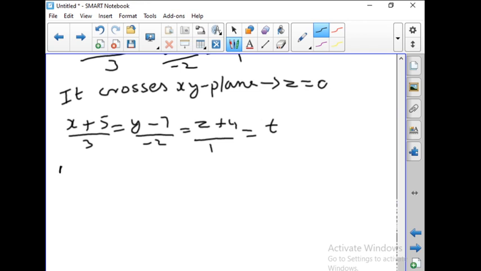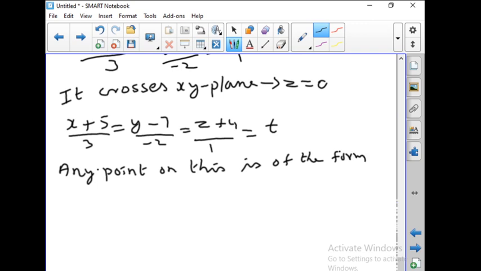So any point on this is of the form (3t minus 5, minus 2t plus 7, t minus 4).